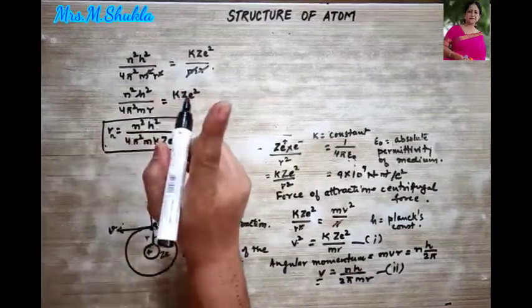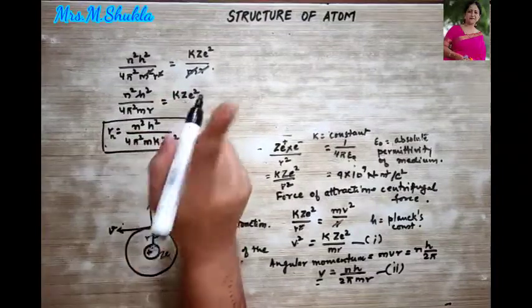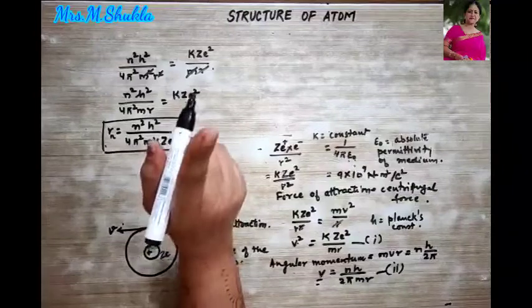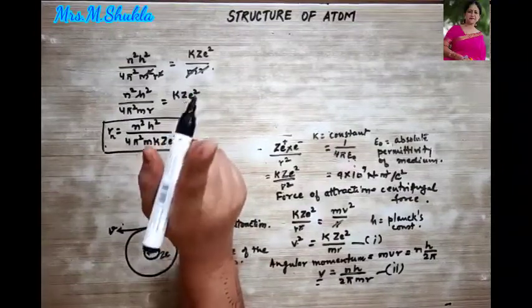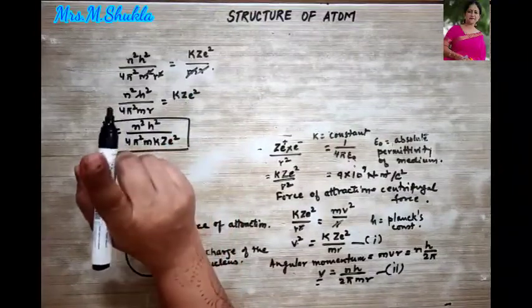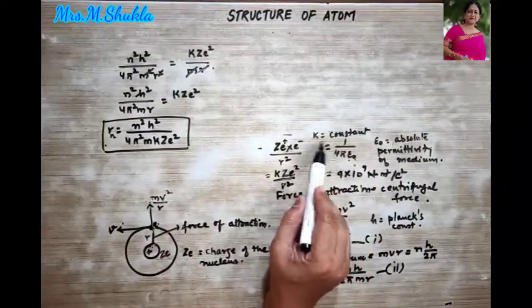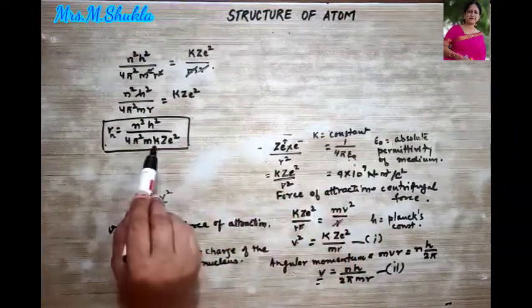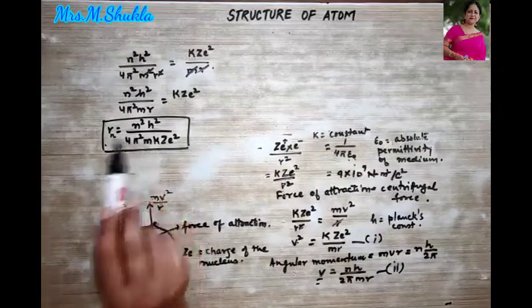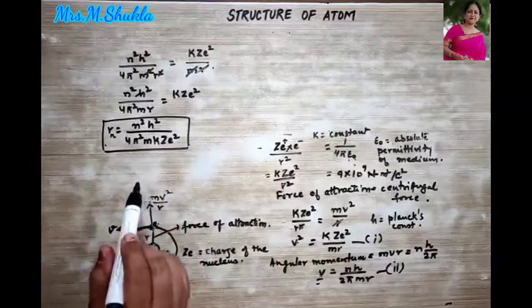Now over there I had written what? 1 upon 4 pi epsilon naught, right? Do you remember that? So this is what it is equal to, k. So k is over here. So what was the formula that I had written earlier?